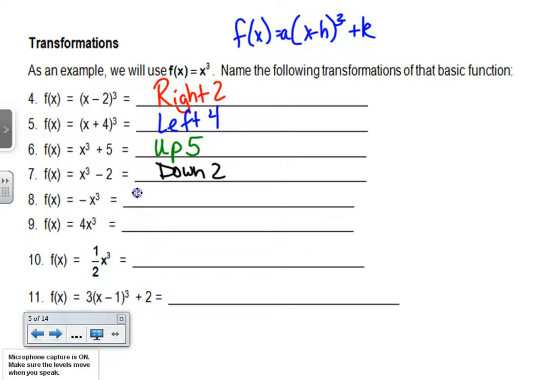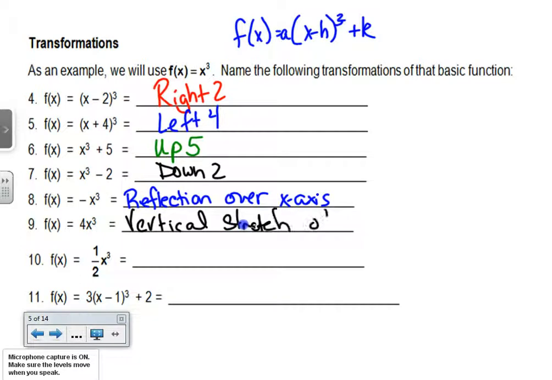And then when they throw a negative in front of the x, what that does is it reflects the function over the x-axis. So you're going to write all that out: reflection over the x-axis. Don't just write reflection, you have to refer to the x-axis as well. Now when they put a 4 in front, we call that a vertical stretch of 4.